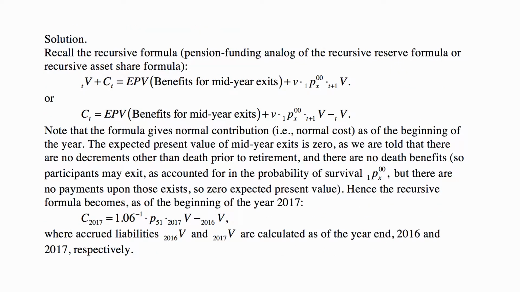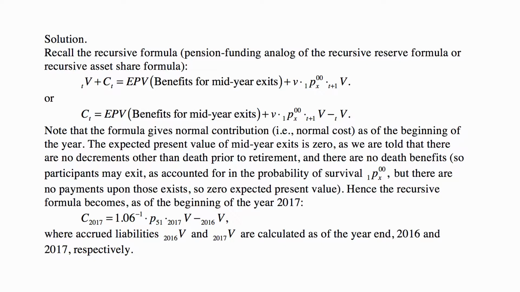The essential thing about the approach of the textbook to this pension funding, for the methods that they consider, is that they use a version of the recursive reserve formula, which is the same idea as the recursive asset share formula.